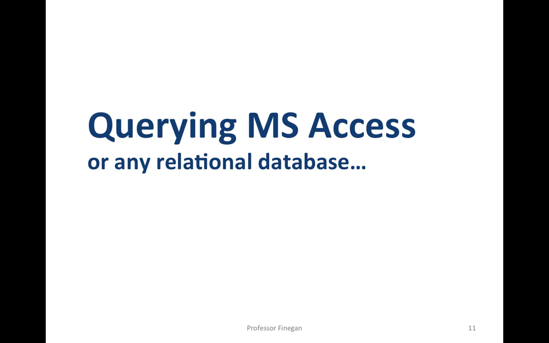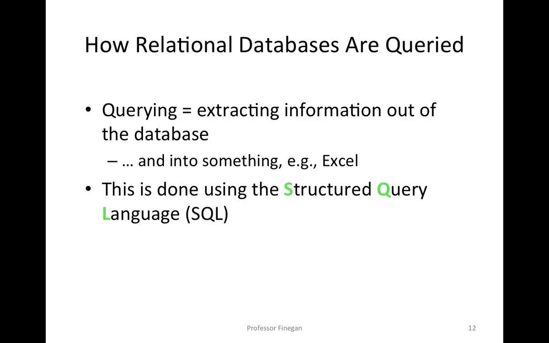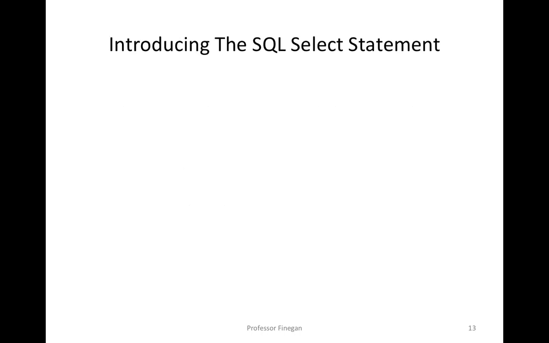Critical in querying Microsoft Access is really how the queries are set up. So if I'm going to be doing a query, I'm essentially looking at how I am best going to do the extraction. And that's through structured query language. I've mentioned on numerous occasions the concept of select from.